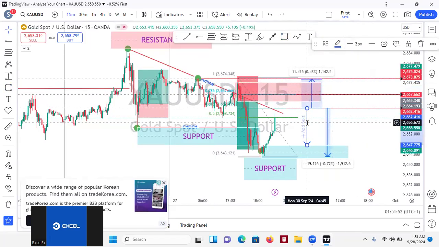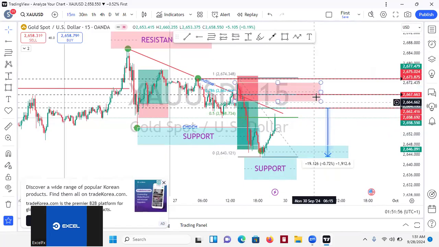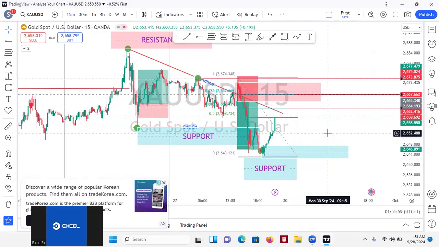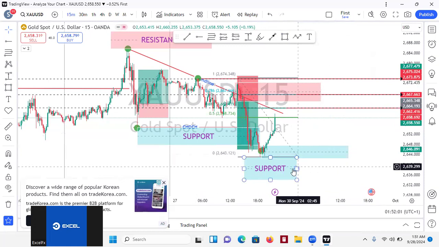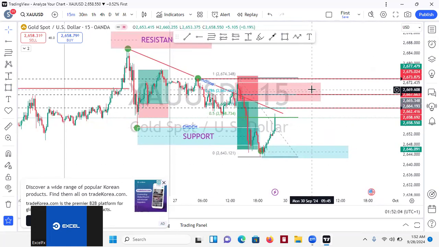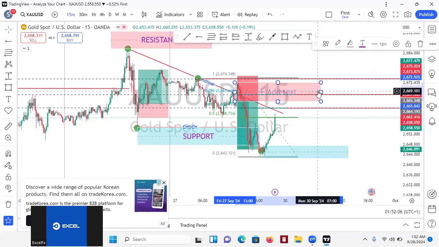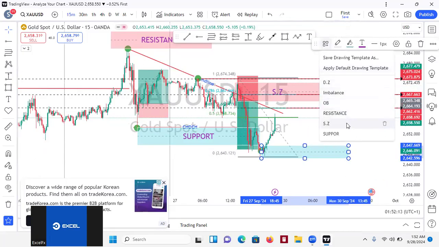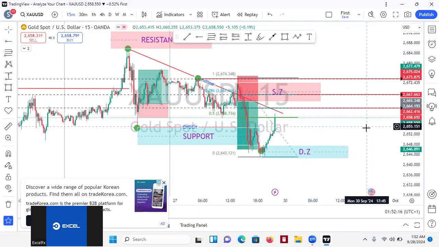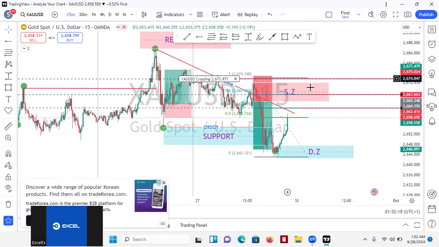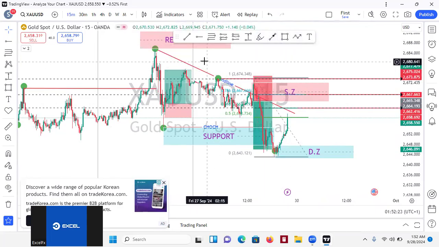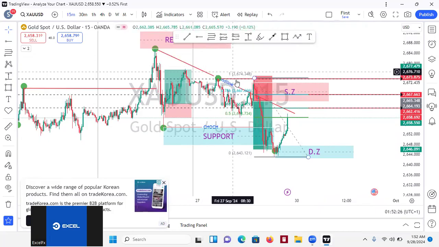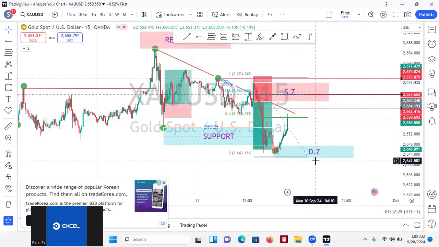Okay, let me clear this off so that it looks clearer. So this will be your supply zone, and this will be your demand zone. The concept still remains the same, and I use this same rectangular tool to draw the resistance level, the support level, and the supply and demand zones.